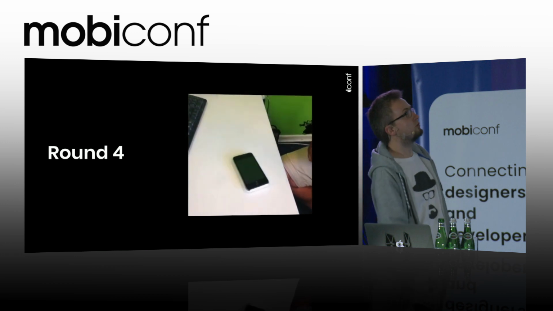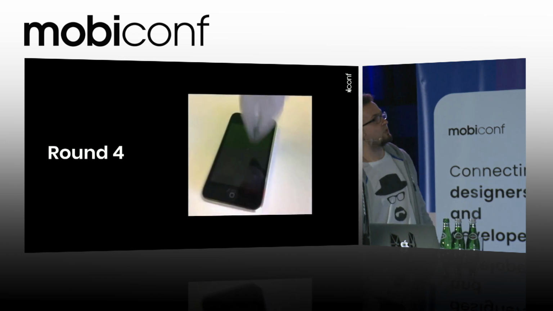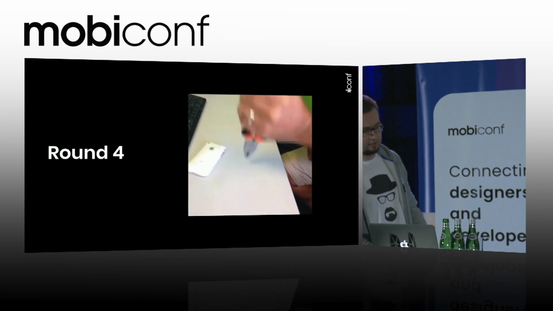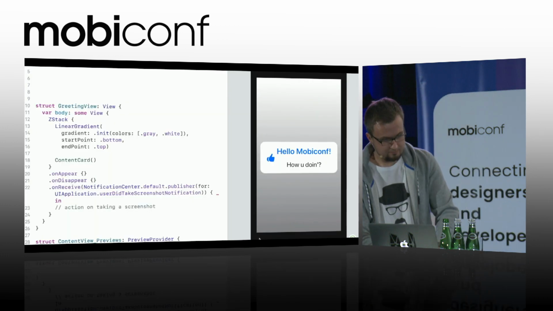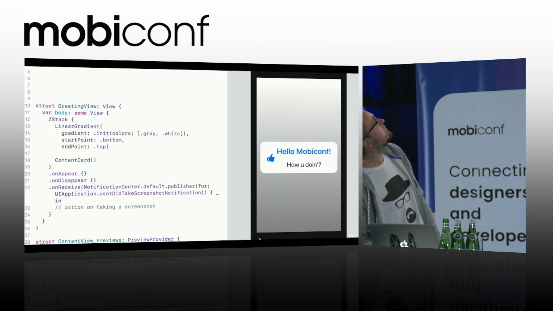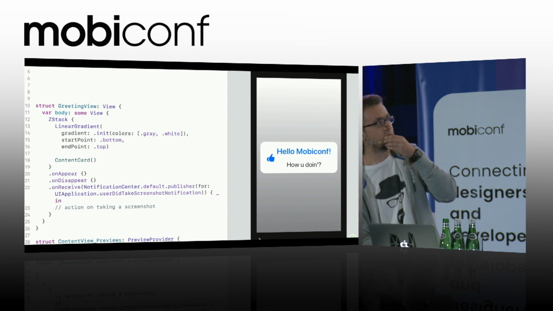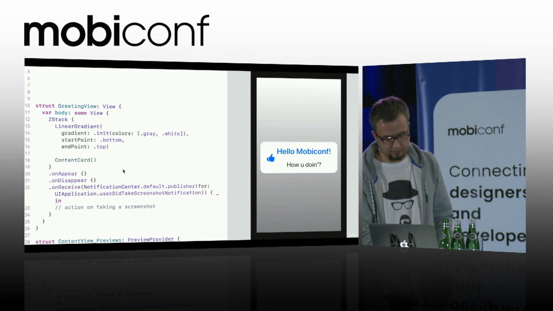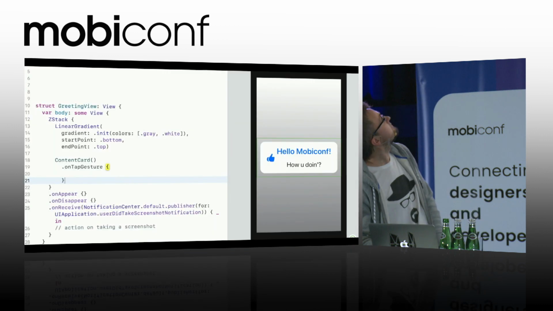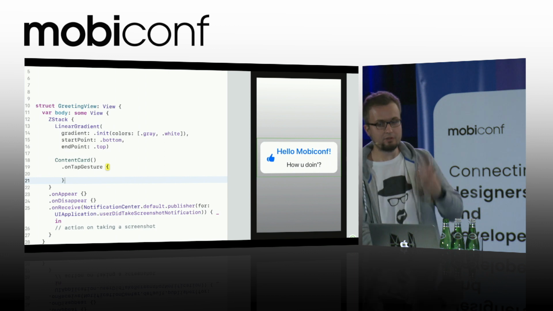The next round will be about user events. We can see tapping on the screen, right? OK. So we want to apply some gesture recognition for the content card upon tapping on this. And how do we do this? Well, we just implement the closure onTapGesture.